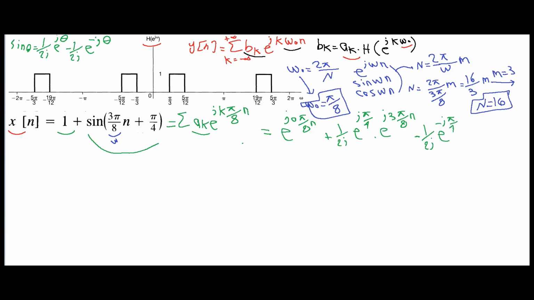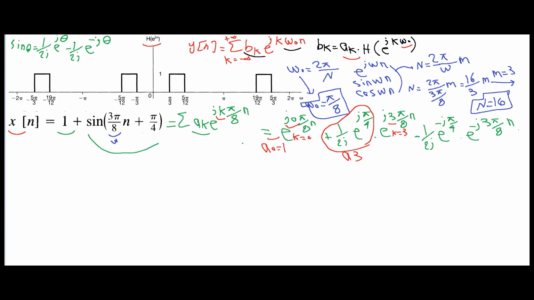Now we compare with the standard Fourier form. For the constant term, k equals 0 and a0 equals 1. For the positive exponential, k equals 3 and a3 equals 1 over 2j e^(jπ/4).